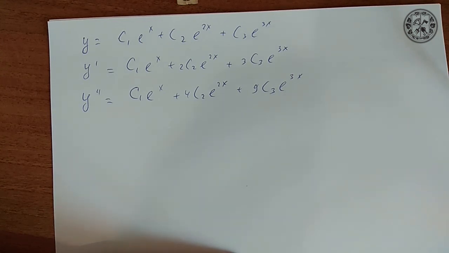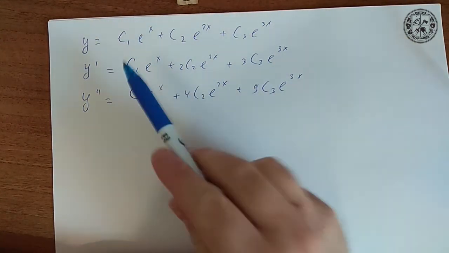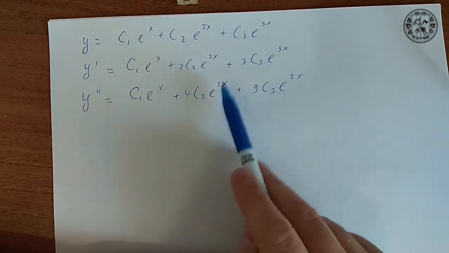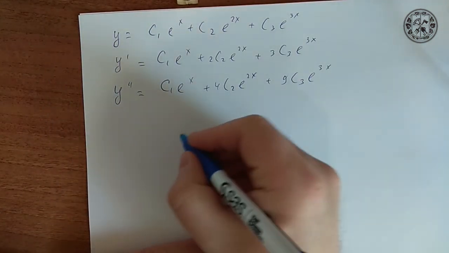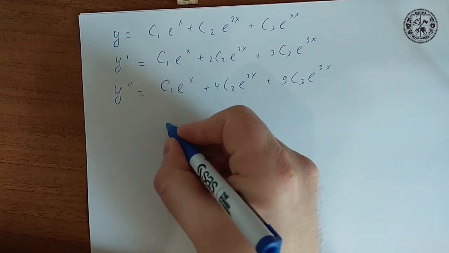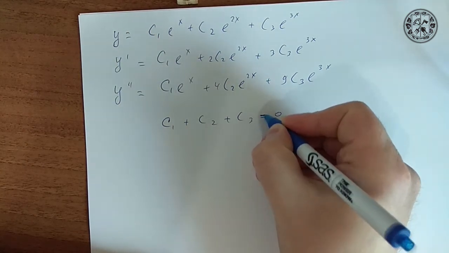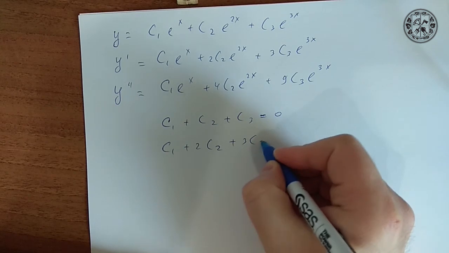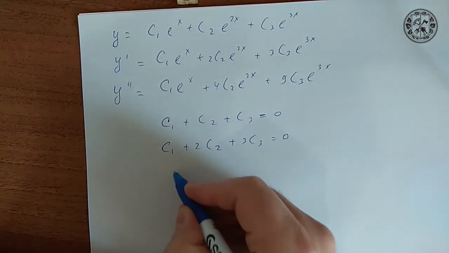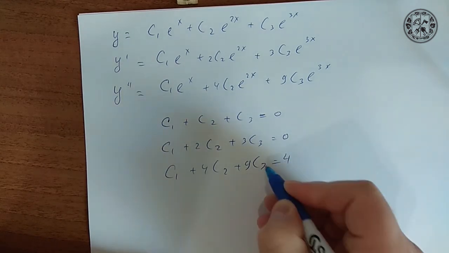Every initial condition has x equals 0. E power x or e power 0 will be 1, so each exponent will turn to 1. So we will get a system of equations. C1 plus C2 plus C3 will be 0. C1 plus 2C2 plus 3C3 will be 0. C1 plus 4C2 plus 9C3 will be 4.